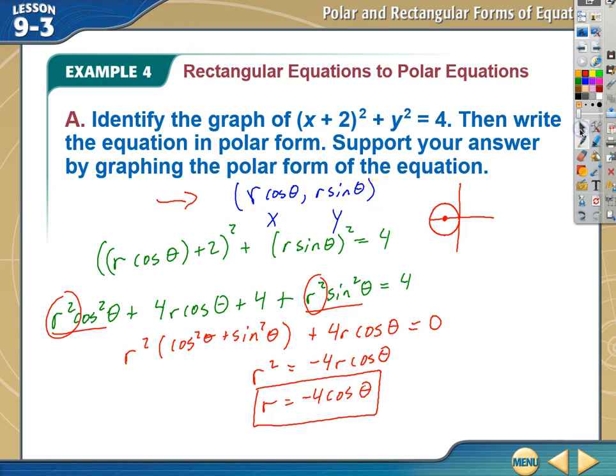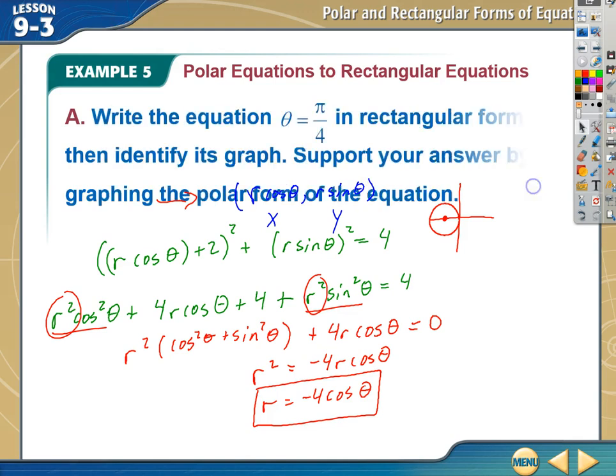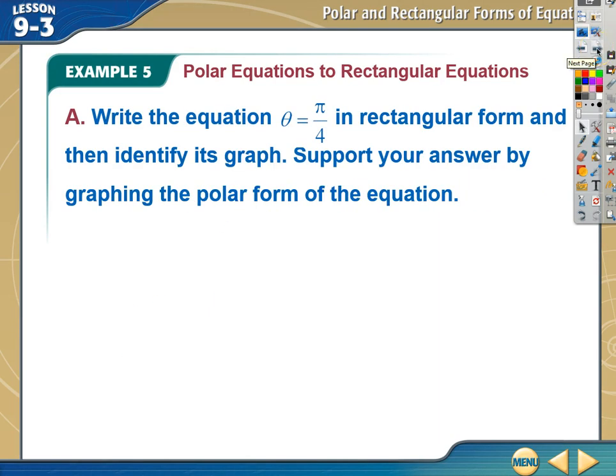All right? So what about going the other way? And they say, give me this equation, theta equals pi over 4 in rectangular form. Oof. Wow. What do I do with that? How am I supposed to get x and y from there?